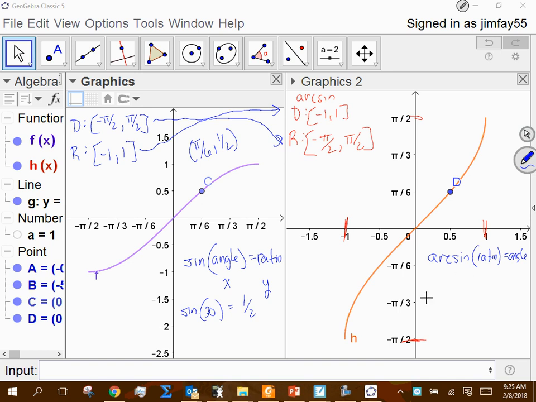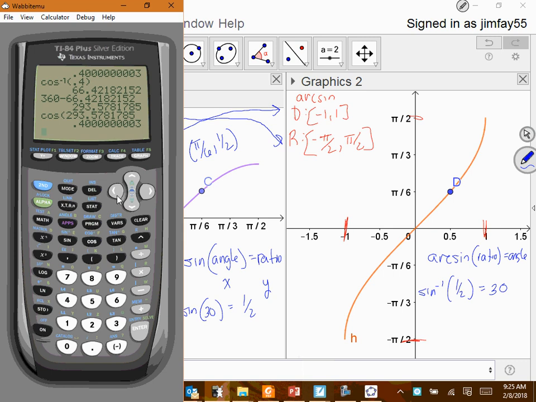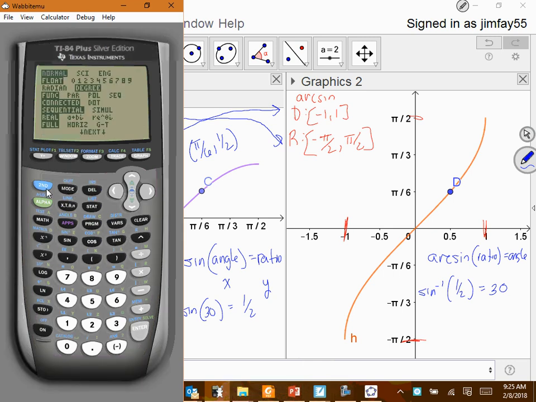Meaning that if I go sine inverse of 1/2, it should spit back 30, right? Let me take my calculator and make sure I'm in degrees mode. So I go second sine, 0.5, and it spits back my 30 degrees, right?